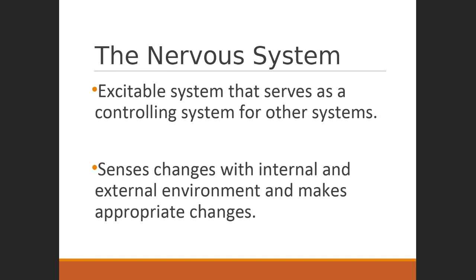The information from those receptors is transported into our control center. That communication is always going to be neural tissue. The control center itself is almost always neural tissue. Then lastly, we have the communication between the control center and the effector organ. That communication can either be nervous or endocrine.